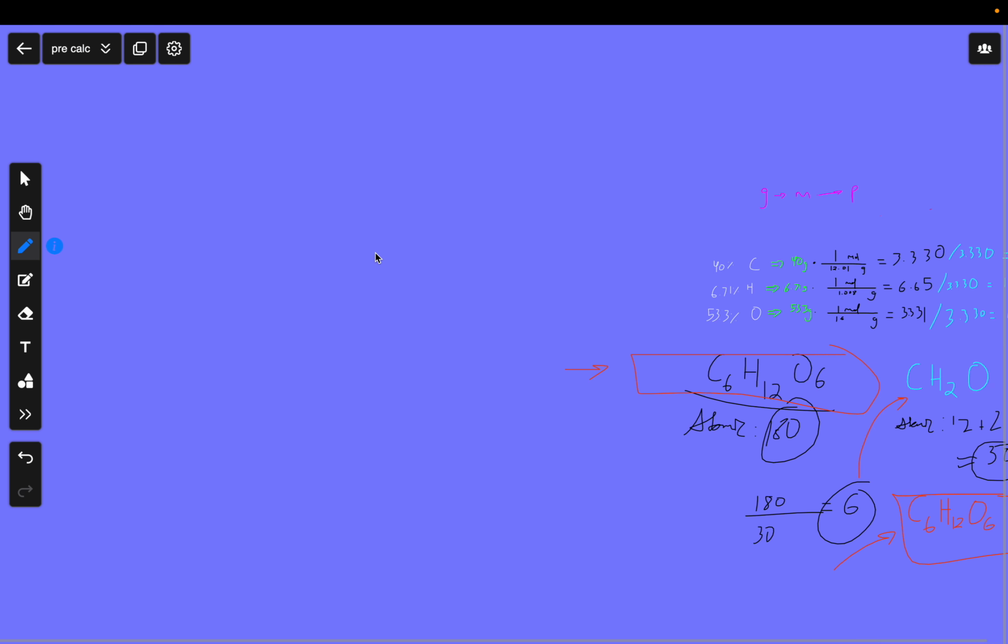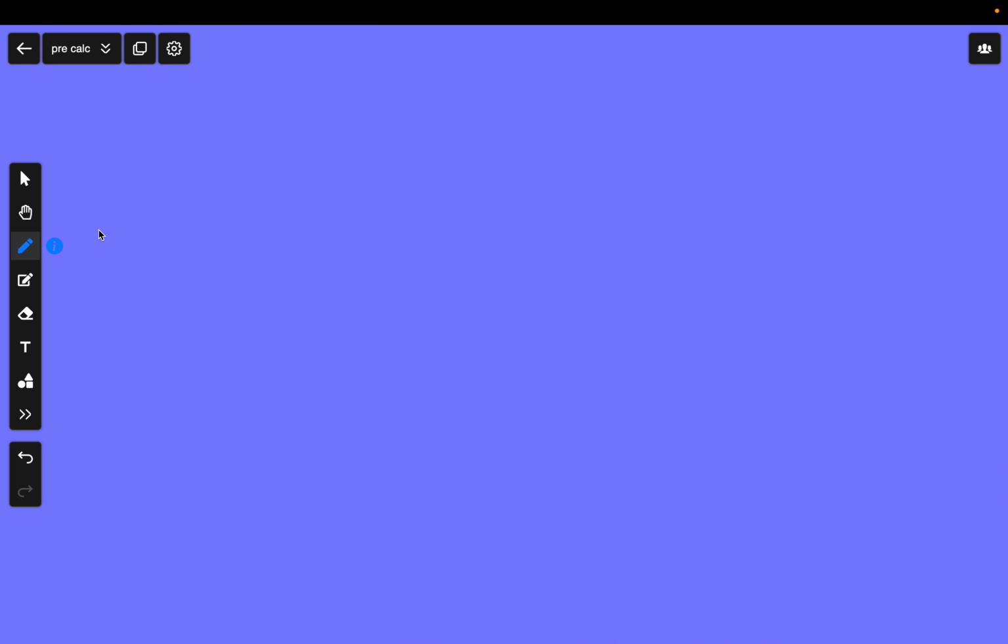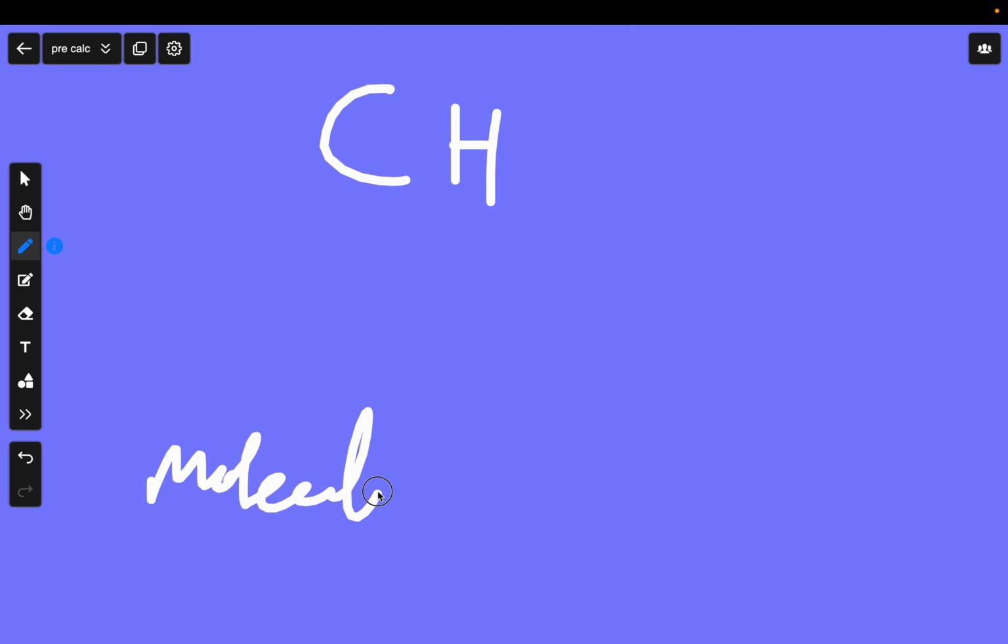So we have CH. It's telling me that we have something CH, and the molecular formula has a mass of, I think, 78. I could be wrong. I need to go back and check.